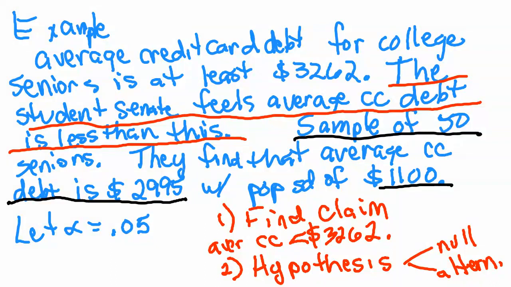So again, the claim is that the average is less than 3262. All right. So how do you decide the null? The first step is the claim.